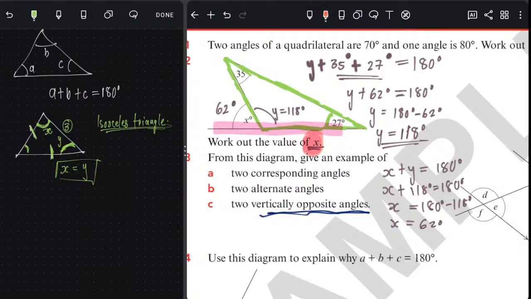When they ask you to find the value of X, what should you do? You should ignore it. I said ignore it, and put all the things that you know first, okay?